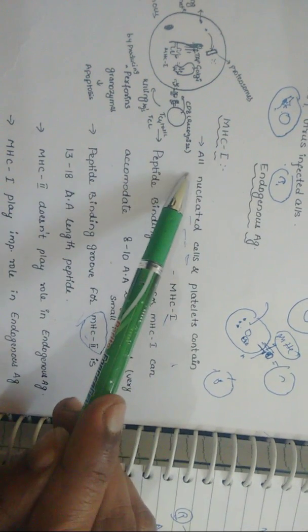It might be confusing, since you also have MHC2, but MHC2 is present in antigen presenting cells. Right now, understand that the first line is that MHC1 is present in all nucleated cells.